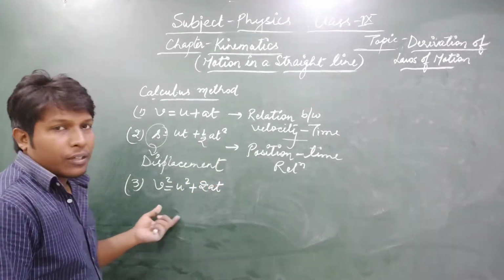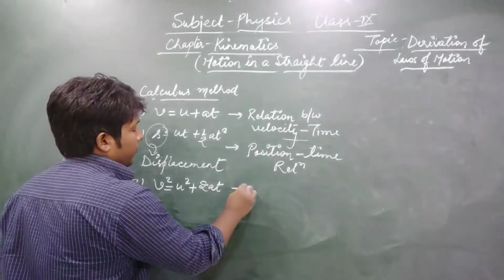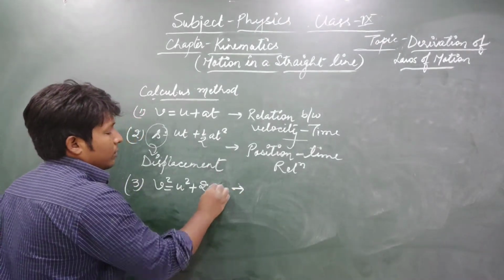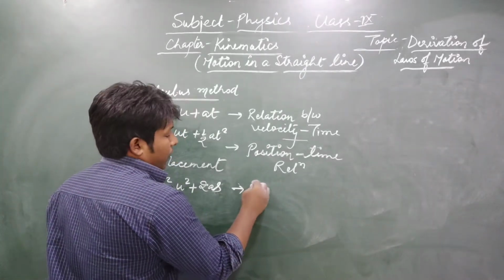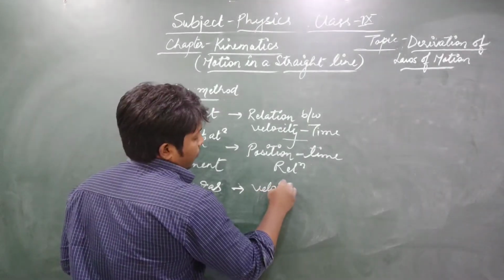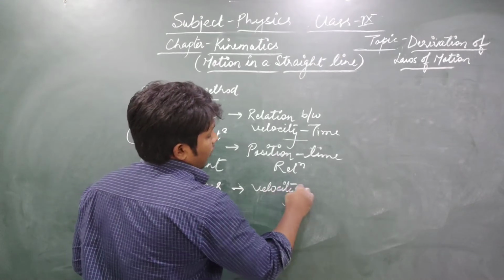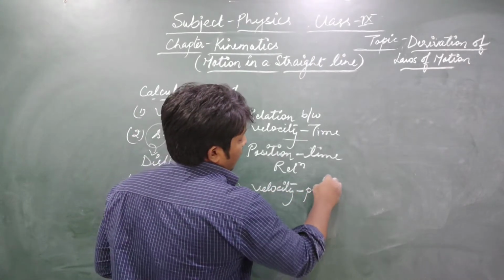This is the third equation of motion, and this is the relation between velocity and position.